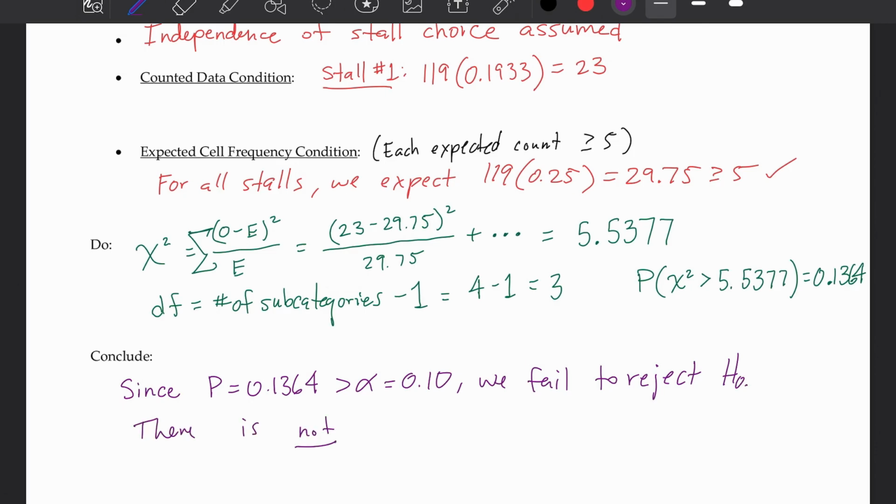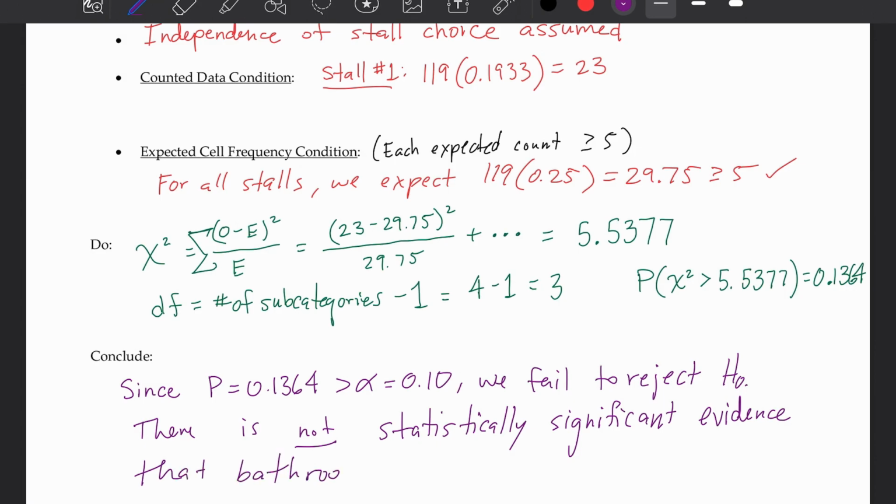There is not statistically significant evidence that bathroom stalls are not chosen at random or uniformly.